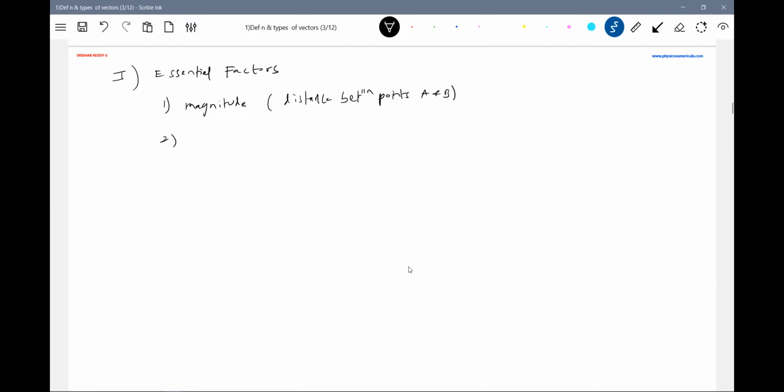And then one is the direction. So what is the direction of the arrow? Directed from B to A?